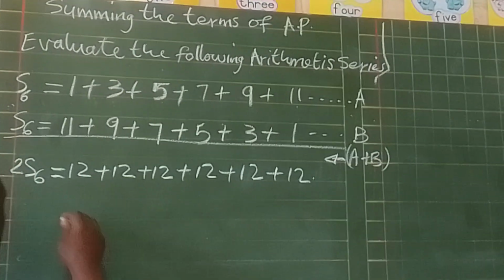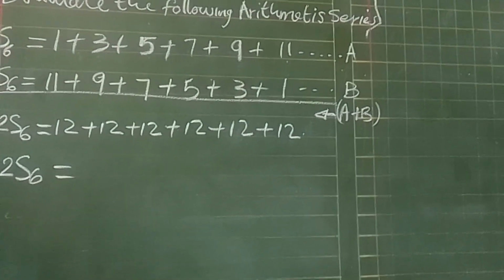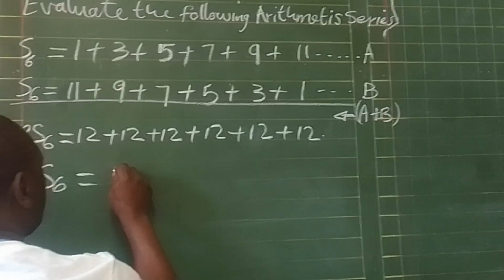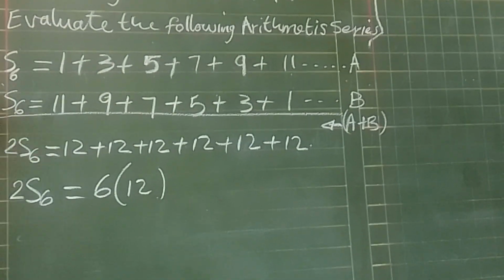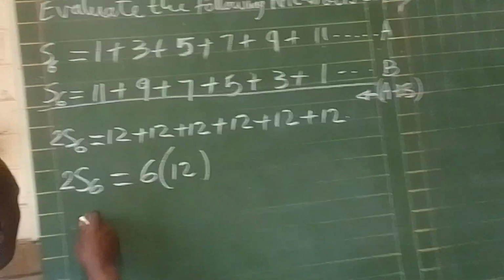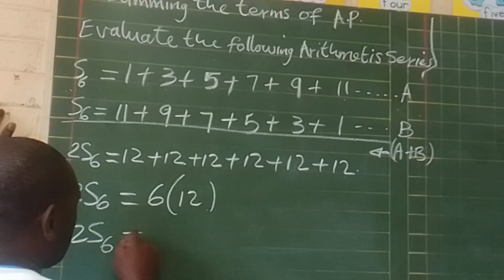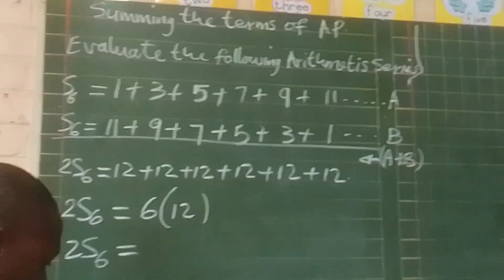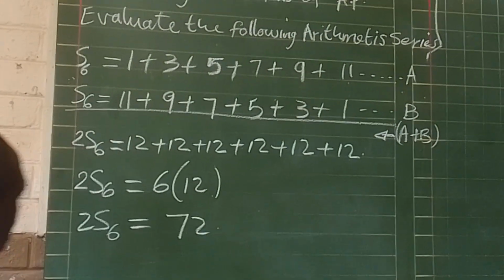To see what is happening, 2 of S6 is going to be, how many times do we have 12? 1, 2, 3, 4, 5, 6. We have 6 of 12s. We want only one S, so 2S6 is 6 times 12, which is 72.